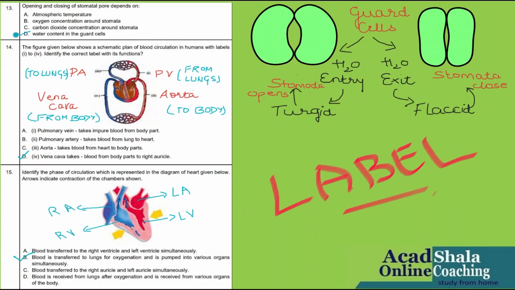So I will go with option D. So children, you are seeing how to solve objective questions. No matter whether it is subjective or objective questions, you have to do this work. This is really very, very important.